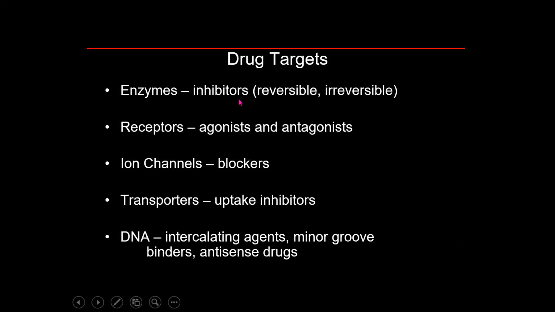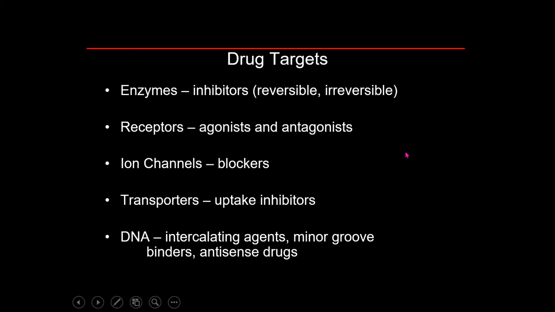And then your ligands could be inhibitors, reversible or irreversible. For receptors, they are antagonists or agonists; for channels, blockers; for transporters, uptake inhibitors; for DNA, intercalating agents, minor groove binders, antisense drugs. So the left-hand side is the target, the right-hand side is your ligand, and they have different names depending on the target.